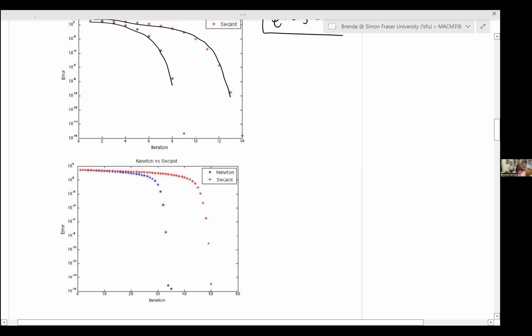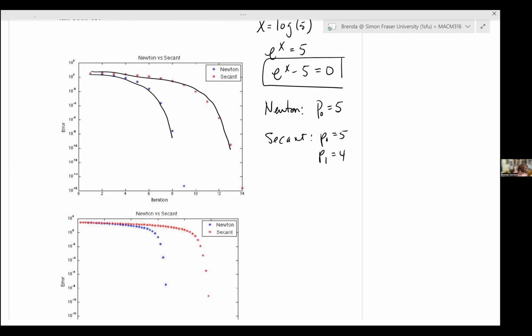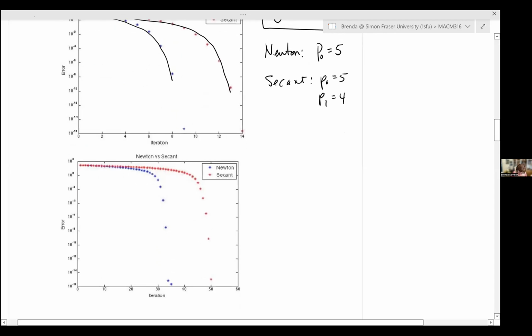And so this first one here is the same function. This is for the Newton method here. We are taking an initial value P0 equal to 5, and on the secant method, I took a P0 equal to 5 and a P1 equal to 4. And then you can see a different performance here, but you can still see that the Newton method is faster than the secant method.